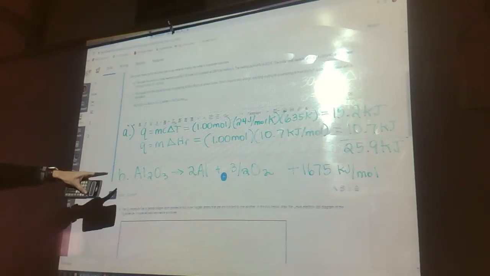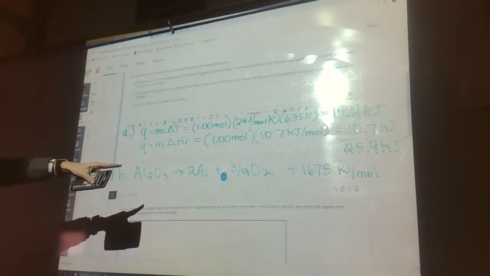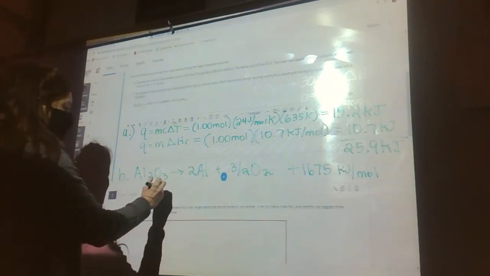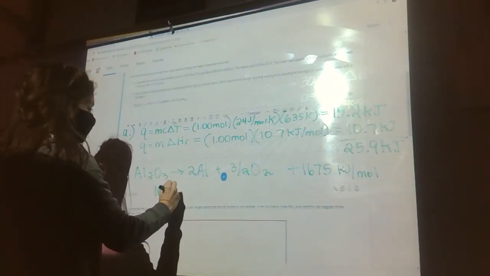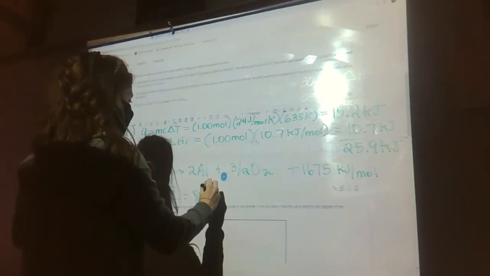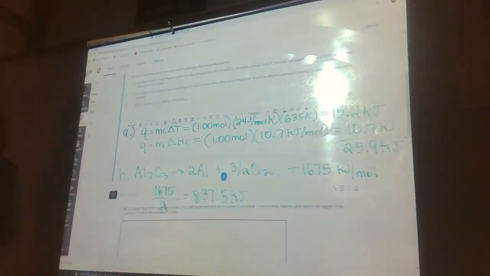So this produces 2 moles of aluminum. That produced 1 mole of aluminum. So the calculation was divide by 2. And this requires 837.5 kilojoules of energy.